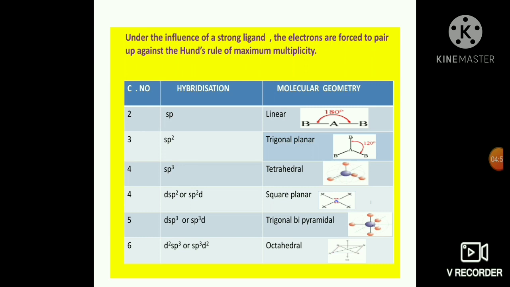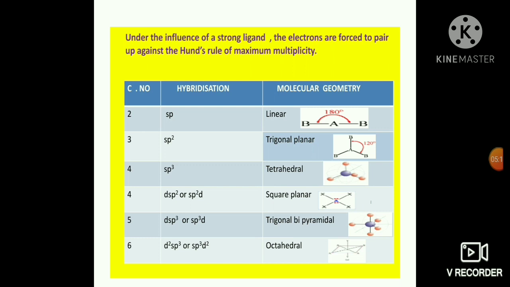One is sp3 with tetrahedral geometry and the other is dsp2 or sp2d with square planar geometry. What is dsp2 and sp2d here? dsp2 shows it is inner orbital or low spin complexes, whereas sp2d shows high spin complexes or outer orbital complexes.